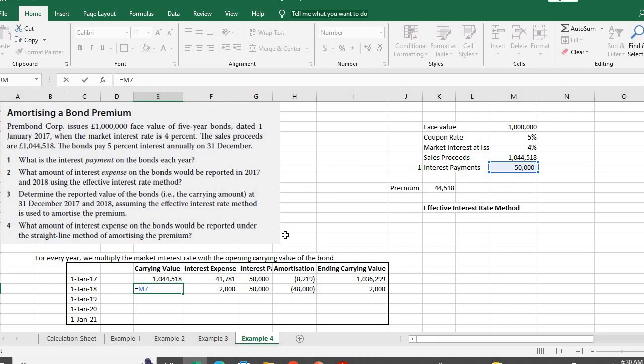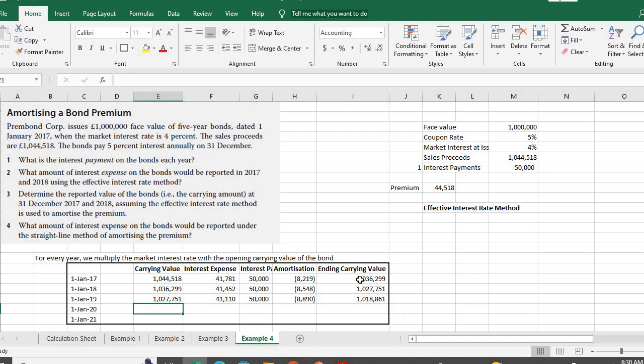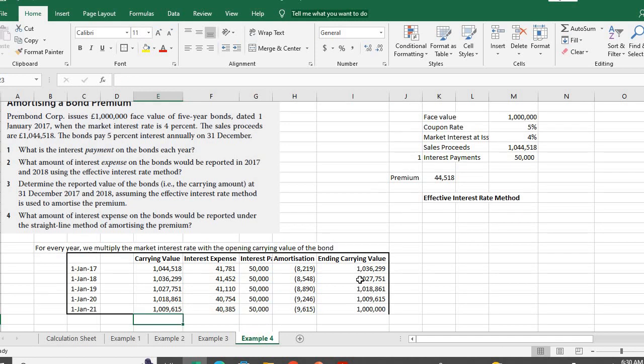So opening carrying value will be the ending carrying value for this year, and we see the values come down. Eventually upon maturity the value has come down to 1 million.